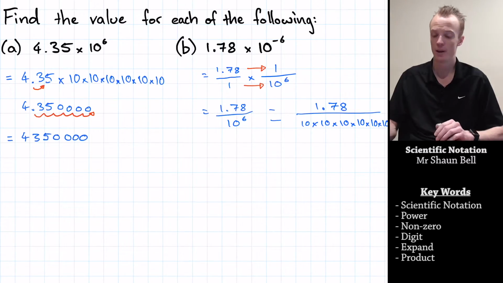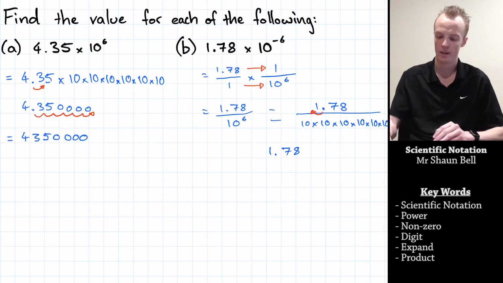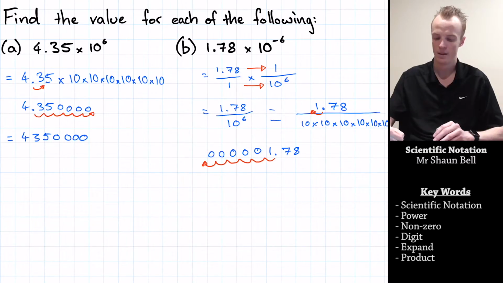And every time we divide by 10, we're essentially moving the decimal place one spot to the left. So if we start with our number 1.78, we need to move the decimal spot 6 spots to the left. 4, 5, 6. And we put the zeros everywhere that there was a gap. And the decimal place lives here, and I like to put a little extra 0 at the front.